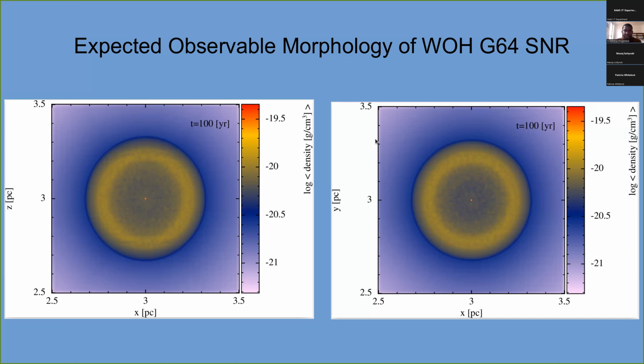That being said, we kind of inferred that the remnant of WOH G64 SNR would have visible asymmetries if it was to be observed, and this would depend on the inclination angle in which you observe it, as simulations have shown.